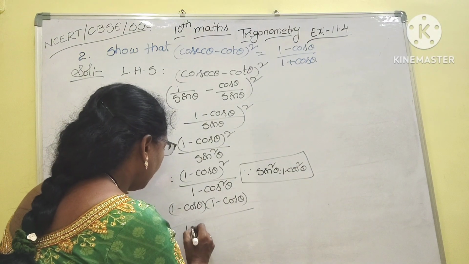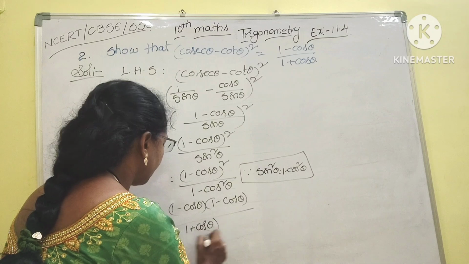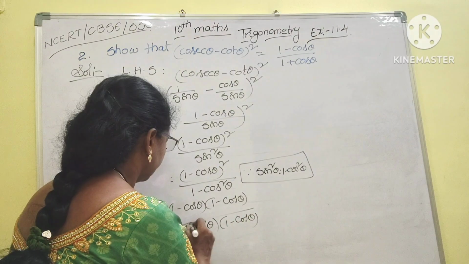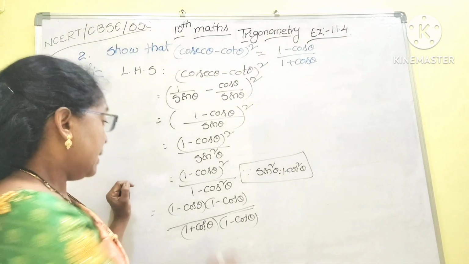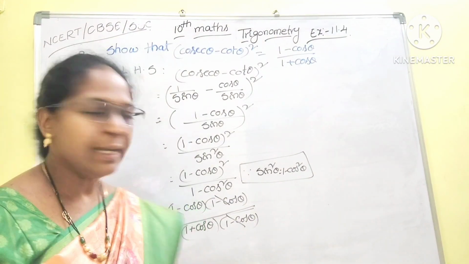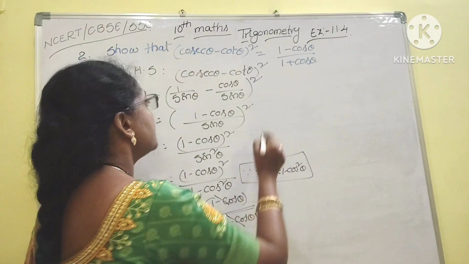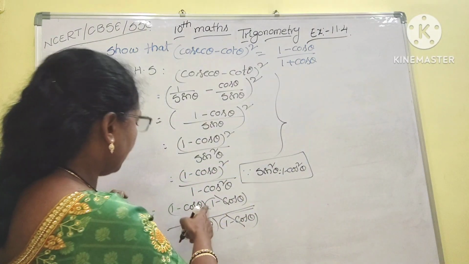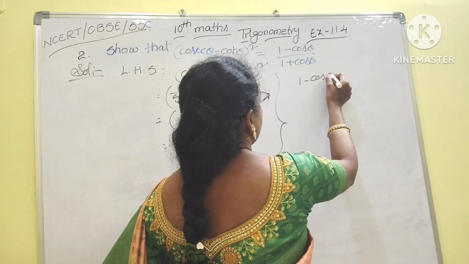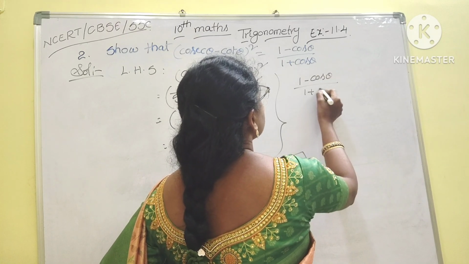That means 1 plus cos theta into 1 minus cos theta. Now, see here 1 minus cos theta, 1 minus cos theta both will be cancelled. And remaining terms are here 1 minus cos theta by 1 plus cos theta.